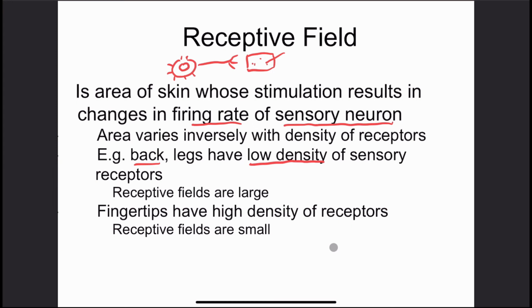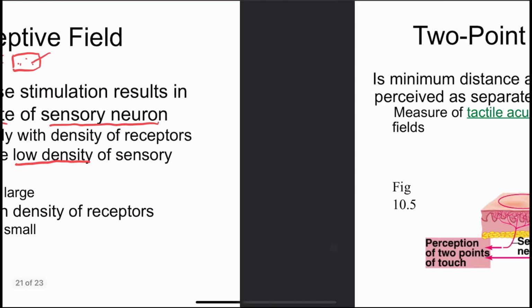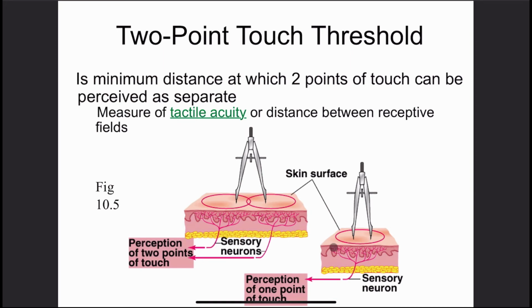There are ways that you can test this out, and I think you will be doing this in lab. A good test of this is to take something like a compass, or a pair of chopsticks, and you can do the 2-point touch test. There is a 2-point touch threshold, and that is the smallest distance at which 2 points of touch can be perceived as separate.